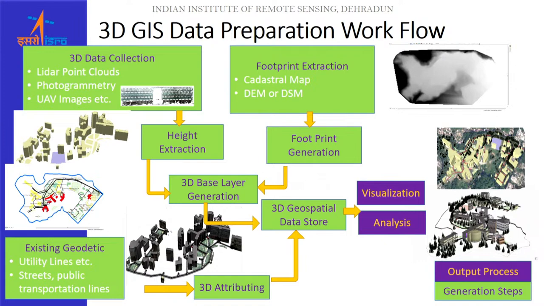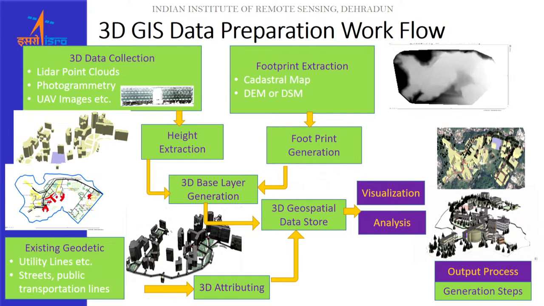For example, that may come from a DSM, or it may be part of some contours which may be available. So there also that can be used. The combination of these two can give us a base layer 3D map, also called a grayscale map, and then we can carry out different kinds of analysis and visualization on these data.